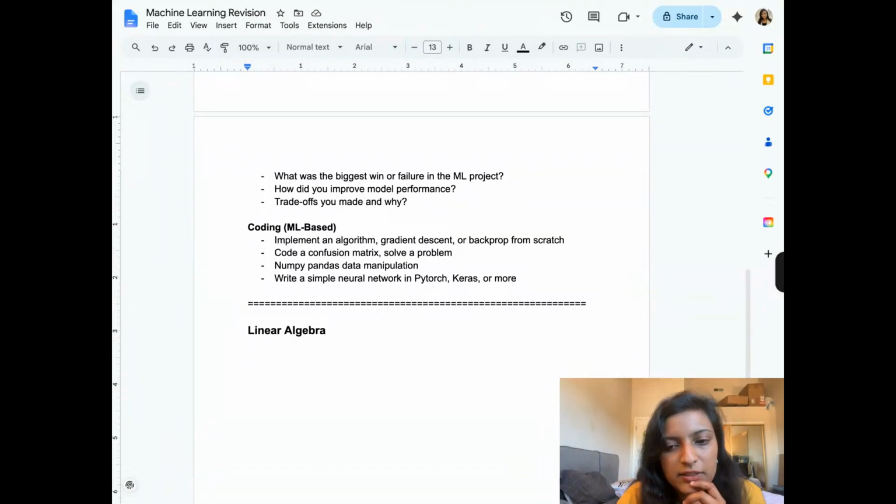So in linear algebra, there are a few concepts which we will study. I'm gonna make notes as well for myself.